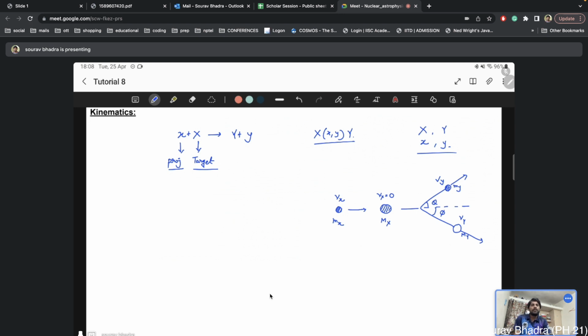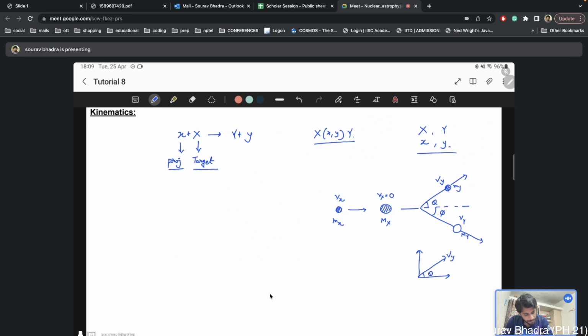So we can resolve that velocity into two perpendicular directions, right? That means if the velocity vector looks like this, we can resolve it into two parts.